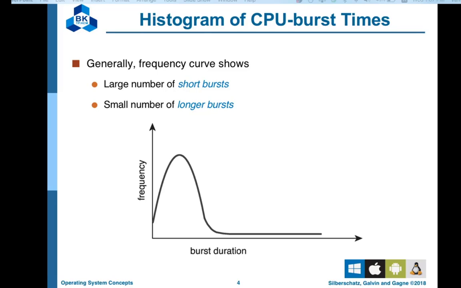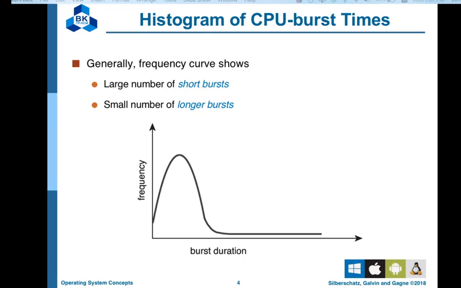So an I/O bound process typically has many short CPU bursts, and a CPU bound process might have a few long CPU bursts. You have to emphasize this description because the distribution of CPU bursts can be important when implementing a CPU scheduling algorithm.